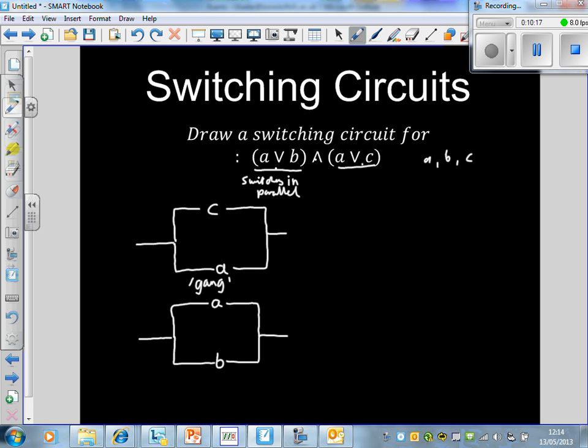Now, here we've got the two separate Boolean expressions for OR. The light bulb, if it was here, would switch on if A or C was on, and the light bulb here would switch on if A or B was switched on. These two have been combined together with an AND symbol, and that means they get combined together.